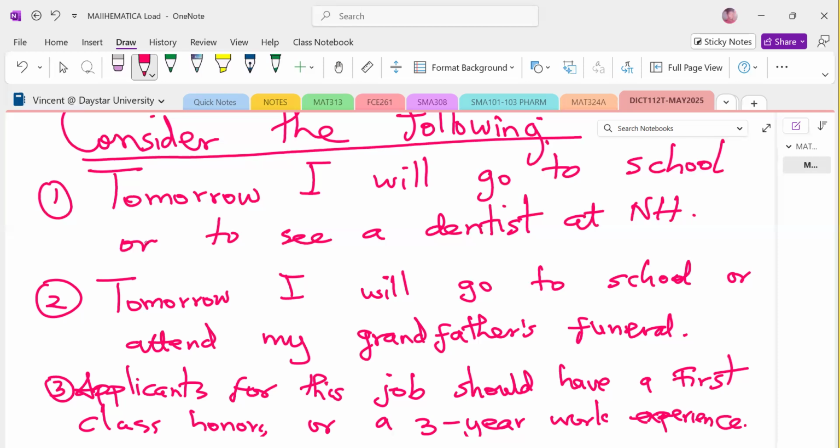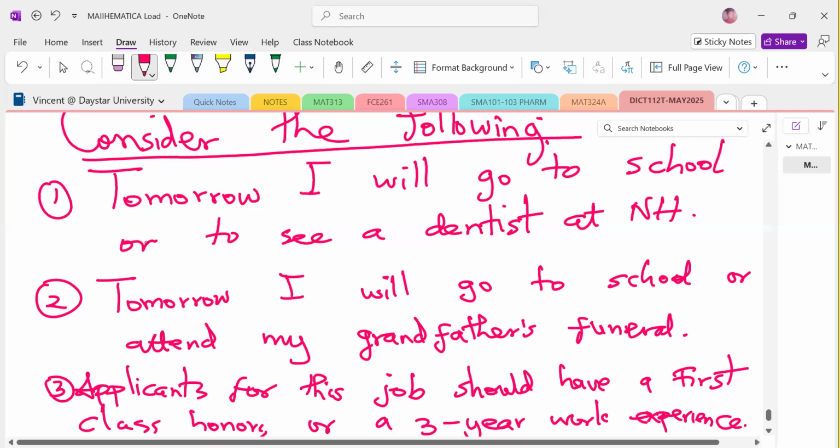Now let's go to the second. When tomorrow comes, and this person goes to school and fails to attend the funeral, is it still okay? When this person fails to go to school but attends his grandfather's funeral, is it still okay?